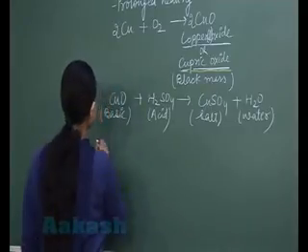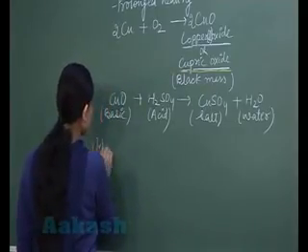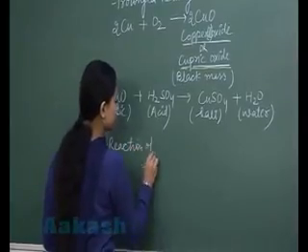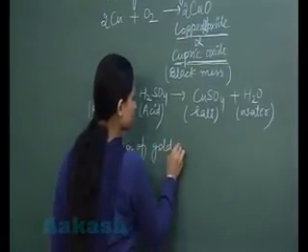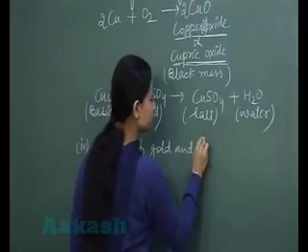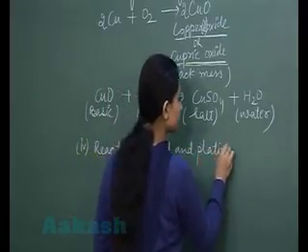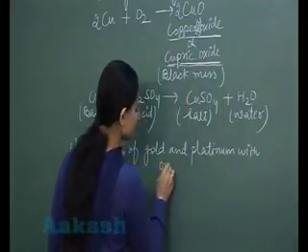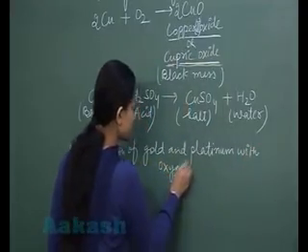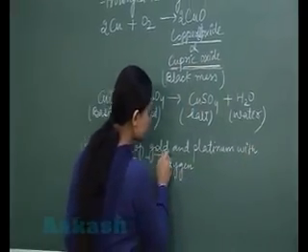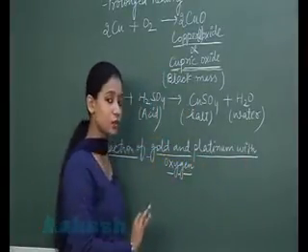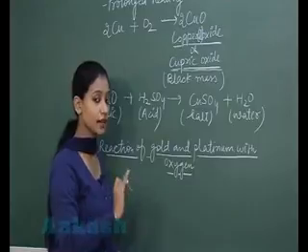So students, next is reaction of gold and platinum with oxygen. Students, these metals which are present at the bottom of reactivity series, they do not react with oxygen even at very high temperatures.